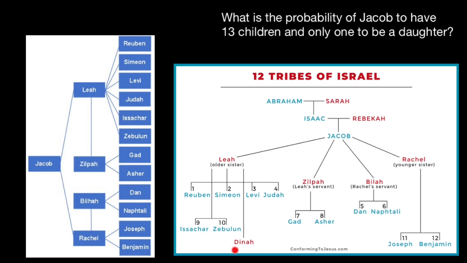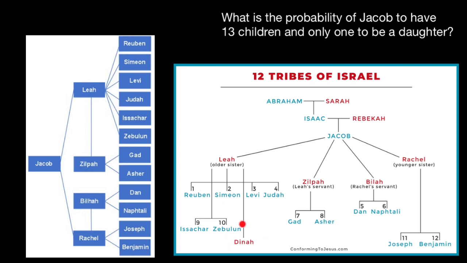The 12 sons form the basis for the 12 tribes of Israel, listed here, as you see, in the order from oldest to youngest. So this pedigree and this pedigree are basically the same, but today I'm going to use this one for the purpose of the calculations because it's going to be more convenient.